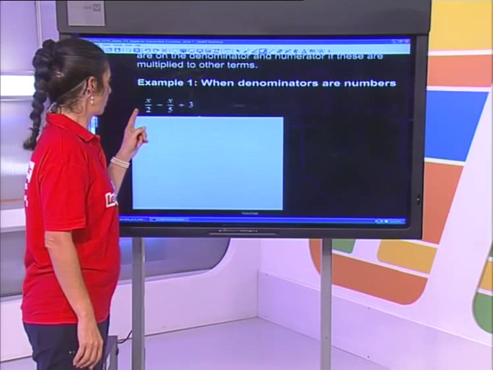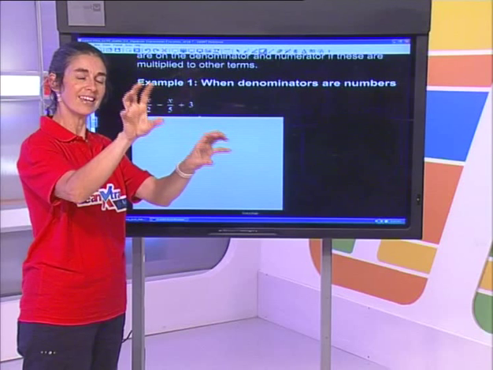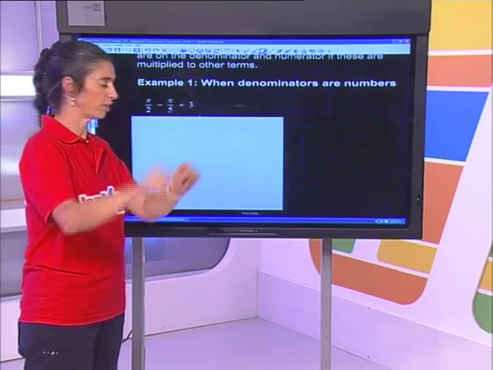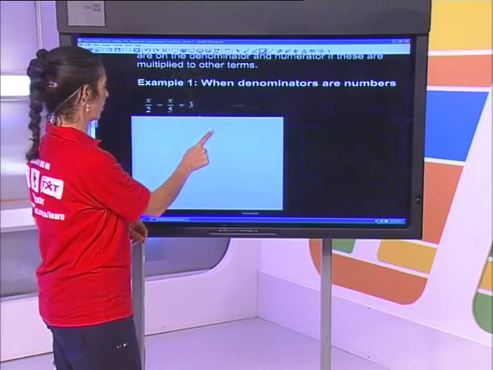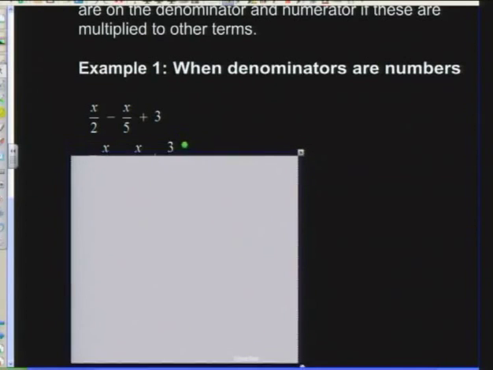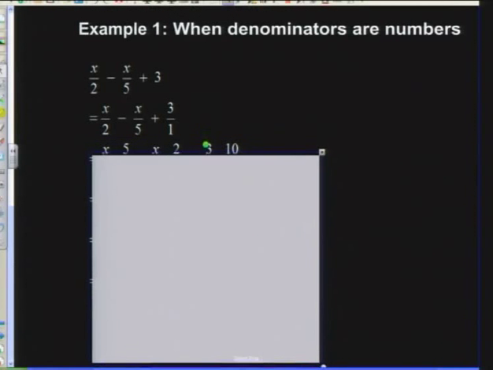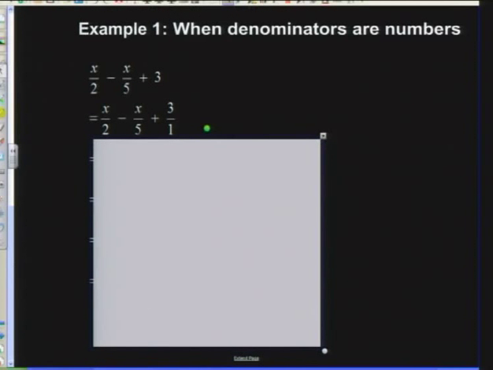Right, so we've already spoken about what is the common multiple between 2 and 5. When we go down the list, 2, 4, 6, 8, 10, we've got 5, 10. So 10 is the number that both 2 and 5 can go into. And so we'd like to write each of these fractions, x over 2, as something over 10.